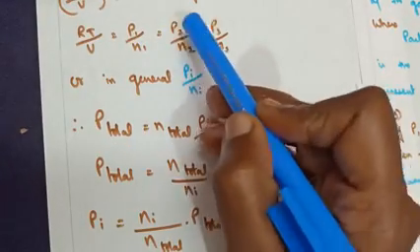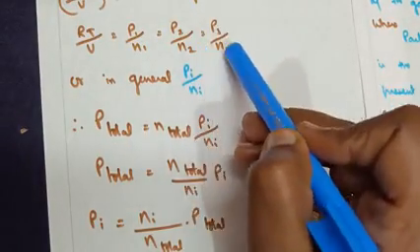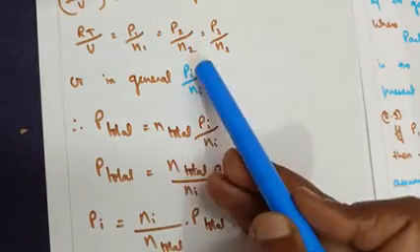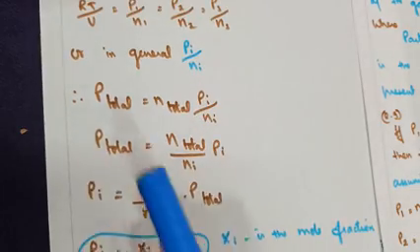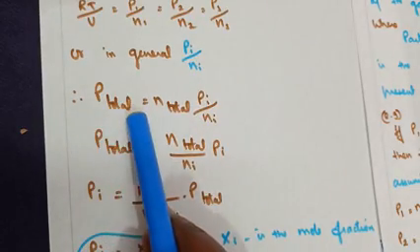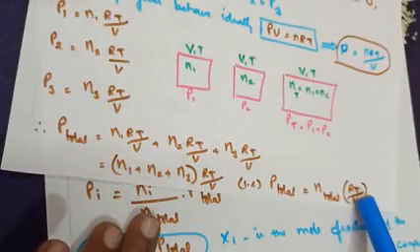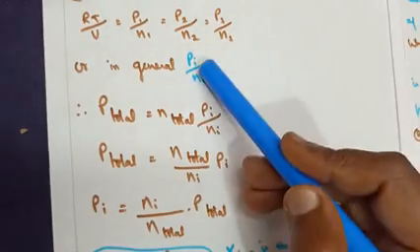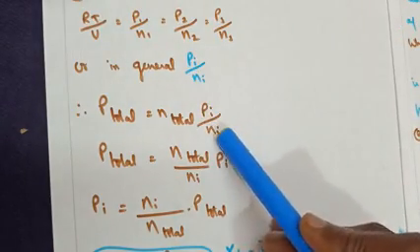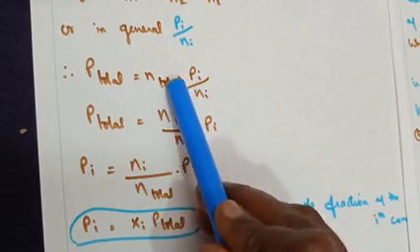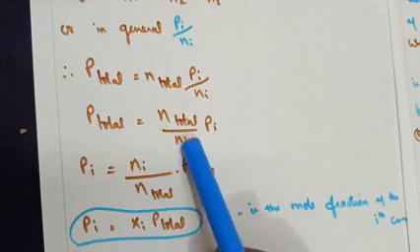P1 by N1 equals P2 by N2 equals P3 by N3, or in general, we can also write Pi by Ni. Therefore, P total equals N total. Instead of writing RT by V, we can represent it by this term Pi by Ni. So finally, P total equals N total into Pi by Ni.